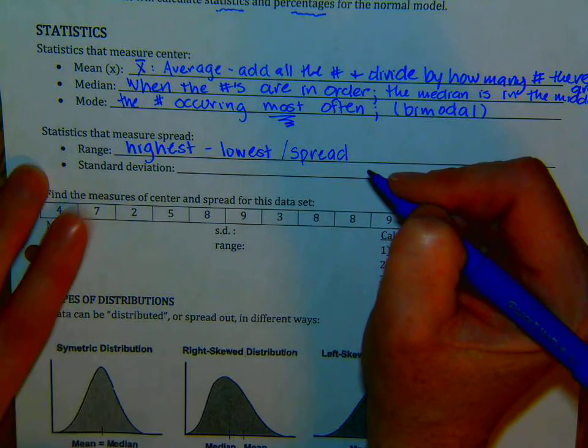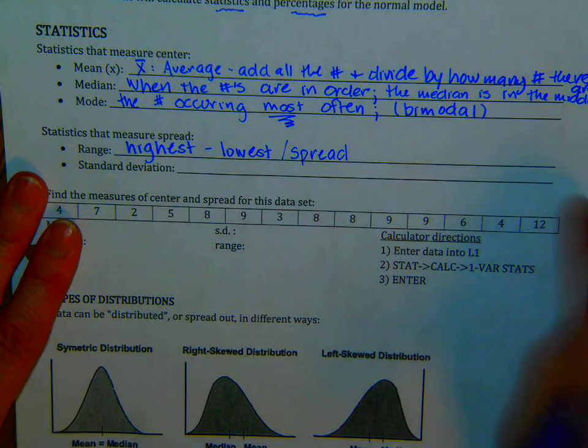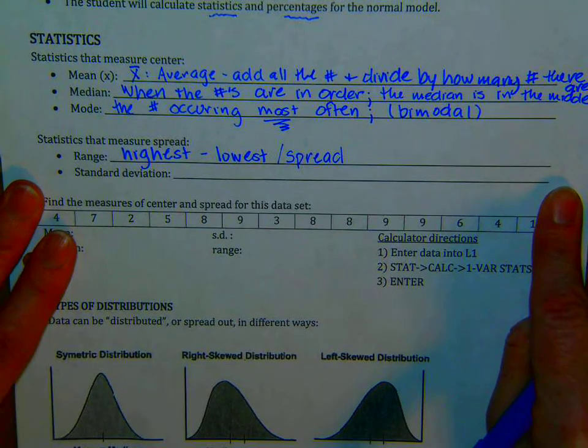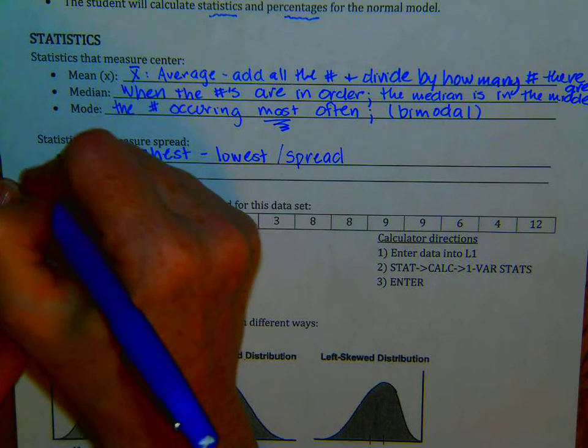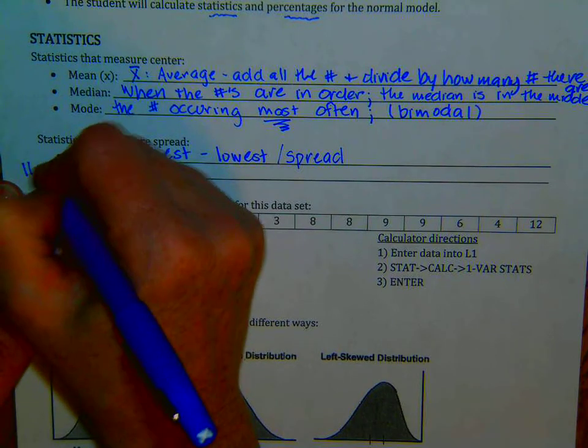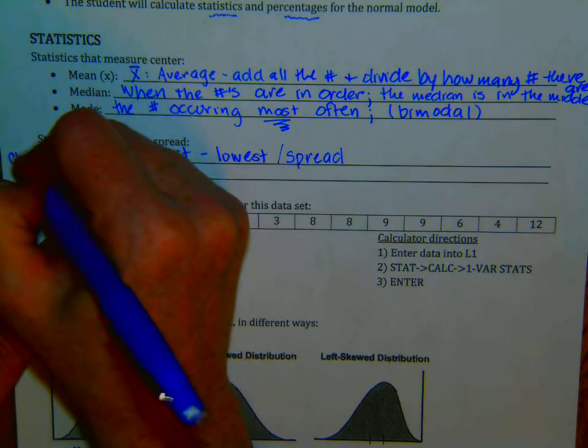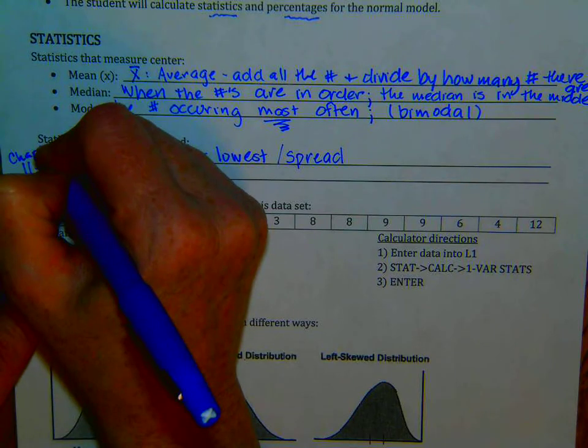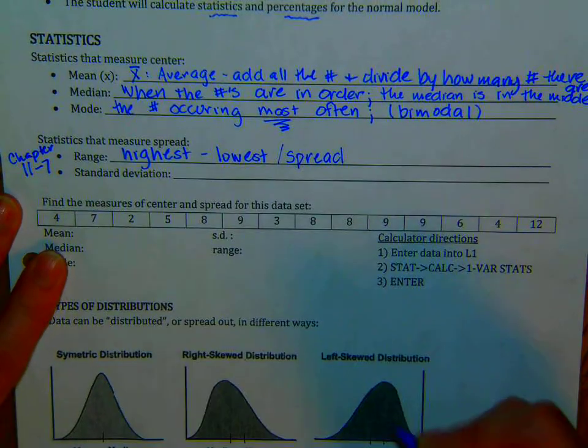Okay, now standard deviation. Now we're getting into the meat of our topic. What is the standard deviation? Just for reference, let's write over here towards the left, 11-7, chapter 11-7. So if you'd like to do some more research, you can go to chapter 11-7.